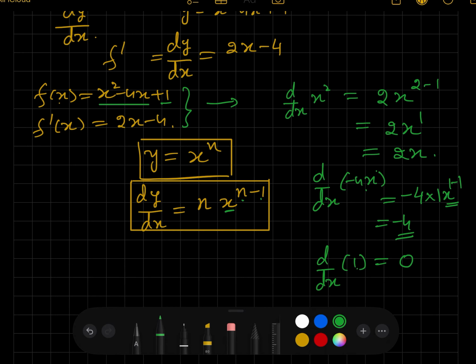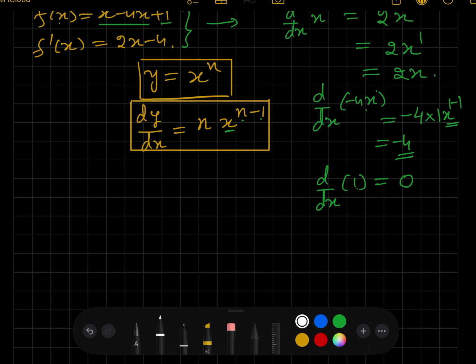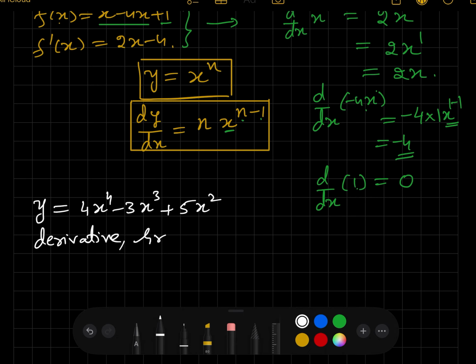Hope this funda is clear, like the basics of derivatives. And now let us do a few questions based on this. Say I have y equal to 4x raised to 4 minus 3x raised to 3 plus 5x square, and I have to find the dy by dx or derivative of this function, or you can say we have to find the gradient function.